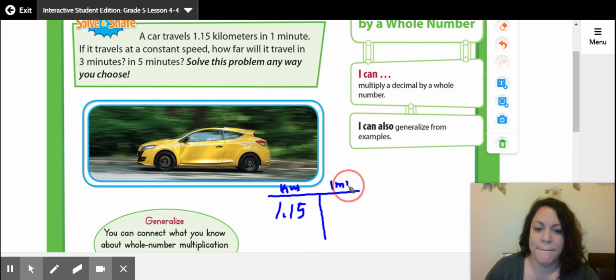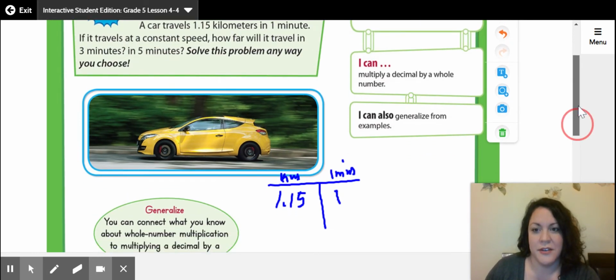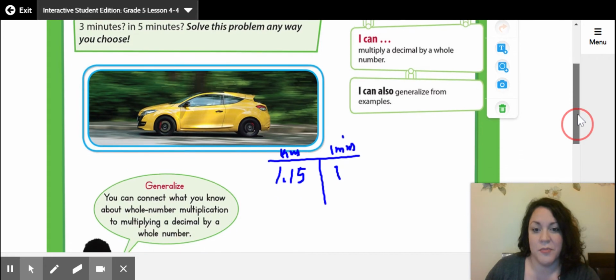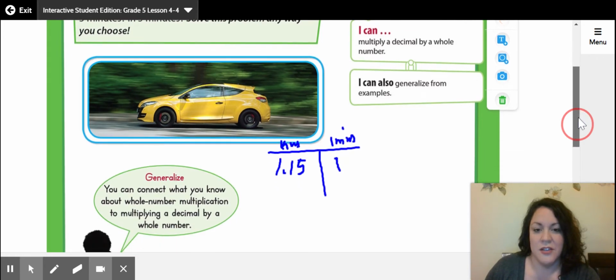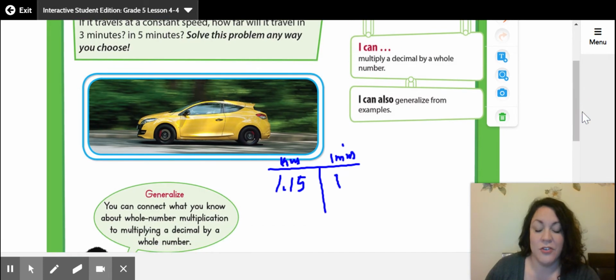Okay. So now we're trying to find out how far the car can go in 3 minutes. This is 1 minute. So we're going to multiply because we're adding repeatedly. You could say in 3 minutes, it's going to go 3 times as far.